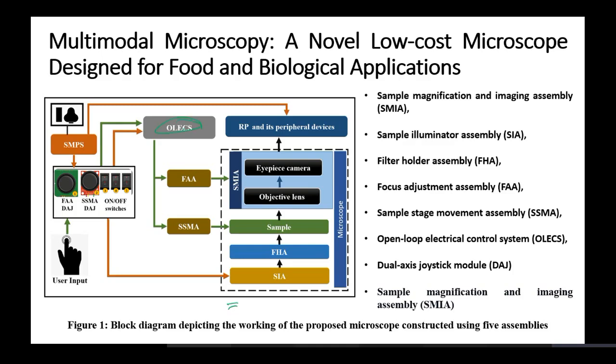This OLEX is basically an open loop electrical control system. What it does is control the movement of your optical system. And usually you have this SIA. What is SIA? It is a sample illuminator assembly. Then you have FHA, a filter holder assembly, which is basically associated with the condenser.